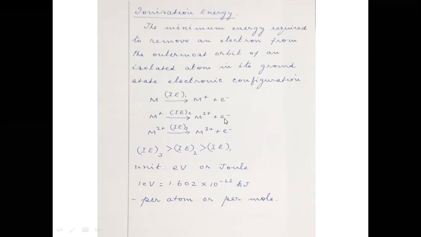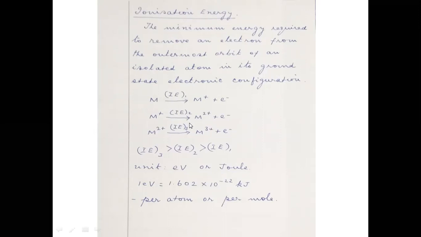On the removal of one more electron, what is the energy spent here to remove this electron from an ion with a unit positive charge? This is called the second ionization energy.